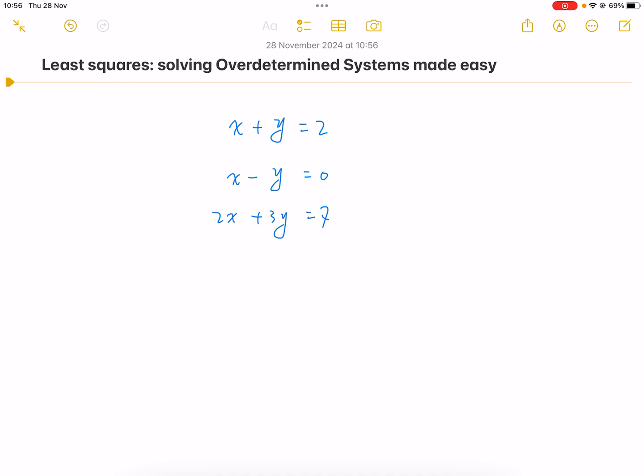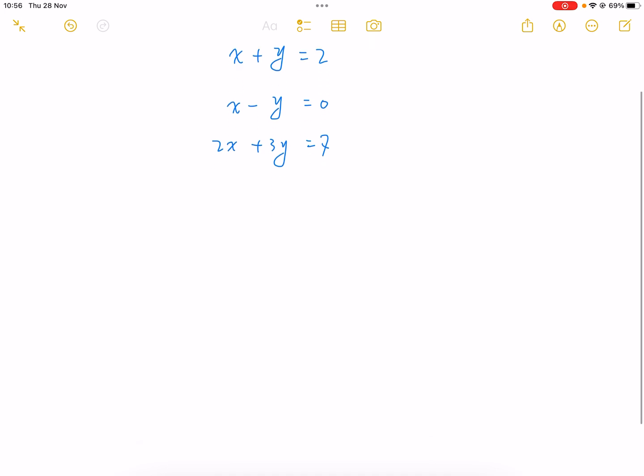Usually this means there's no exact solution, so our goal is to find x and y that minimize the error, the norm of Ax minus b squared.